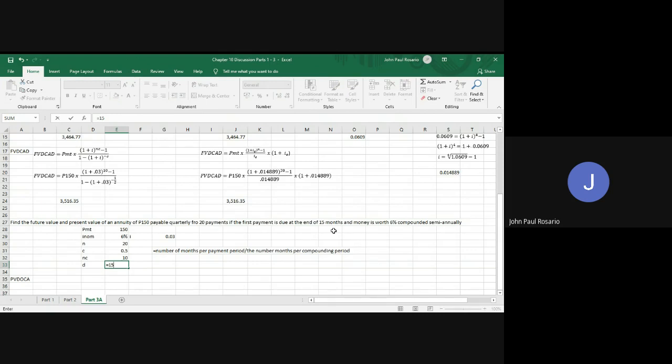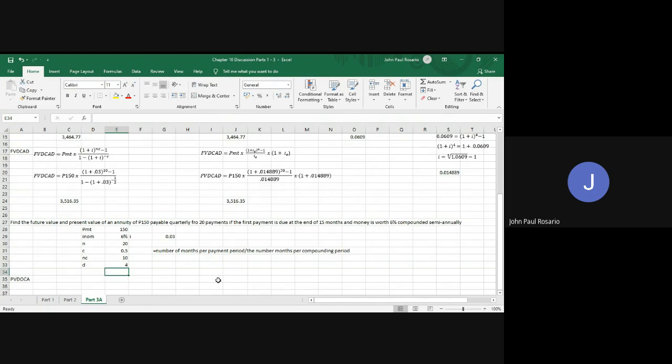D is our payment interval. So that's 15, and we divide that by our payment interval, which is quarterly, so 3. That's 5. For ordinary annuity, our D would be 5 minus 1.